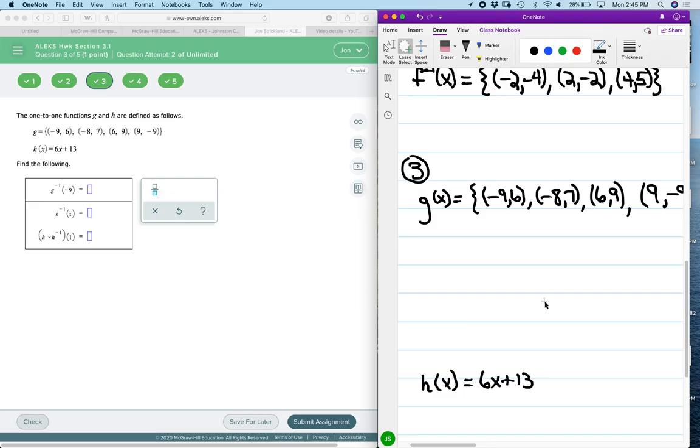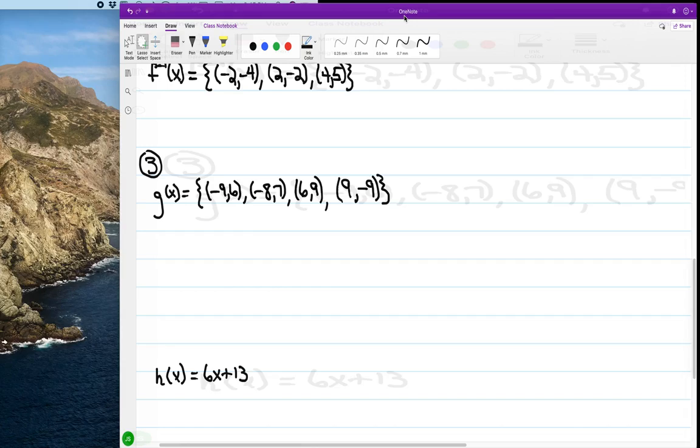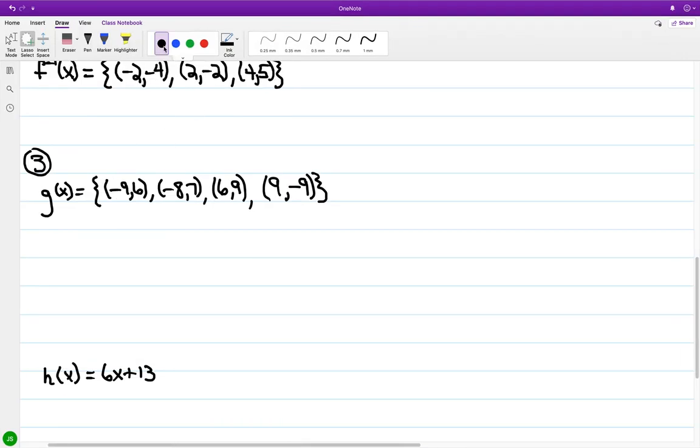Okay, for problem number 3, we have the corresponding one-to-one functions g and h, which are defined as follows. Now, a one-to-one function is a function whose inverse is also a function. For the function g, we have the ordered pairs negative 9, 6; negative 8, 7; 6, 9; and 9, negative 9.